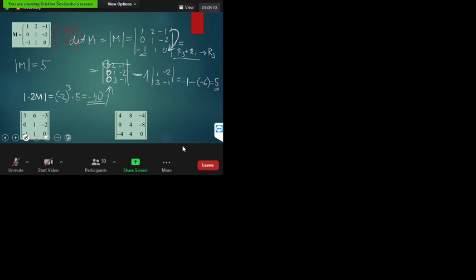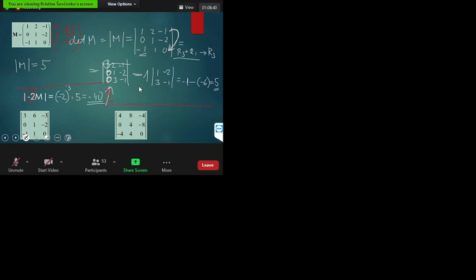It is possible. But in principle, remember that if you multiply the matrix by the number minus 2, every row is multiplied by minus 2, so from every row, as the common factor, which means minus 2 cubed.